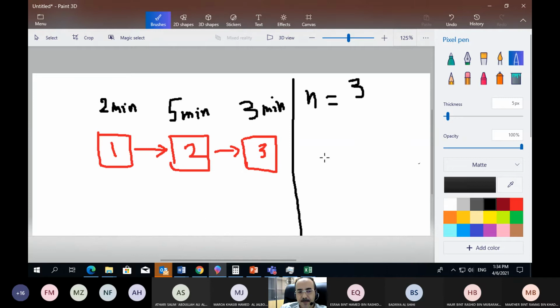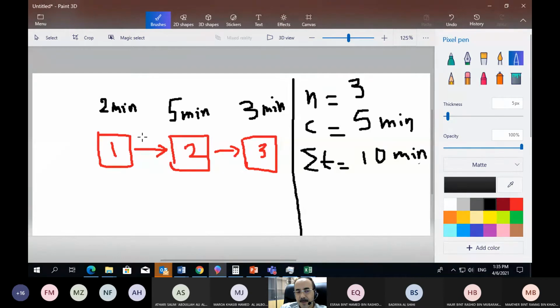You see? Cycle time is 5 minutes. Why? Because that is the bottleneck time. That is the maximum time in any station. The sum of the times is like the throughput. It's 10 minutes: 2 plus 5 plus 3.